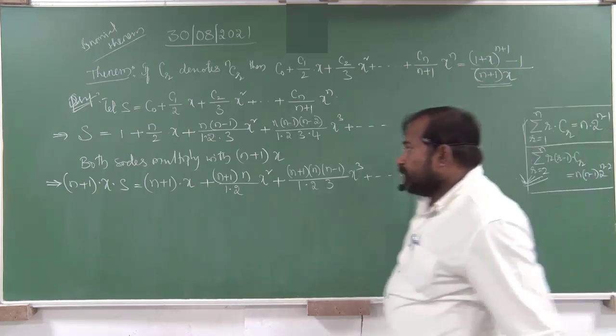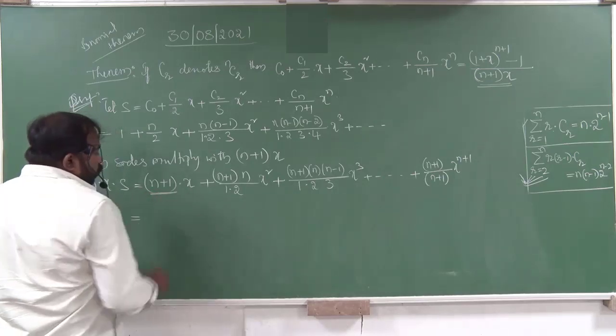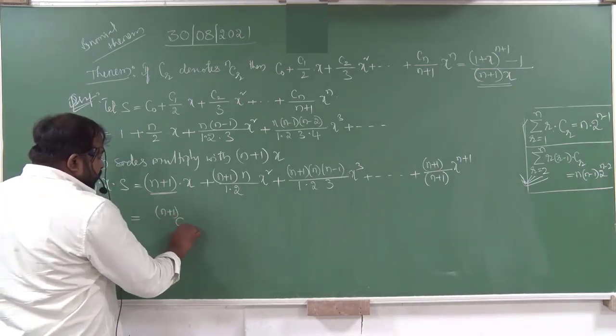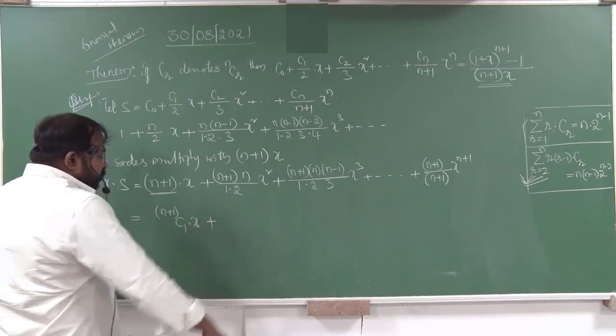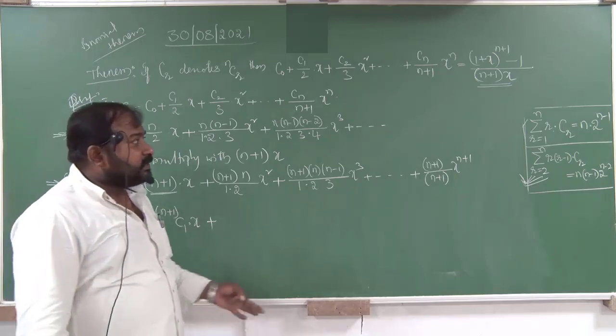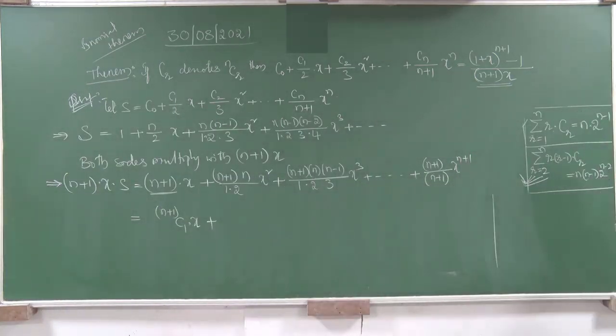And now listen, this value I can write as (n plus 1)C1 into x. Can I write like this now? Cross check one time. What is the value of nC1? nC1 is equal to n only. nC1 is equal to n, or (n plus 1)C1 is equal to n plus 1, 2C1 is equal to 2.